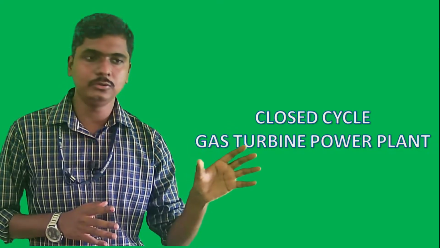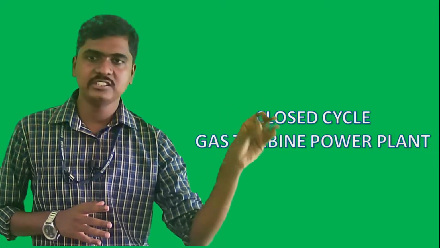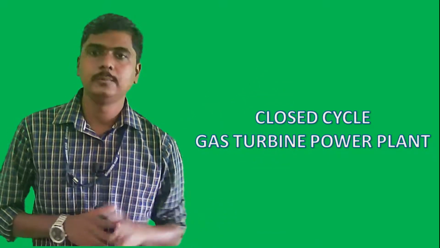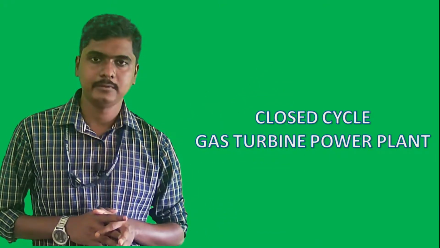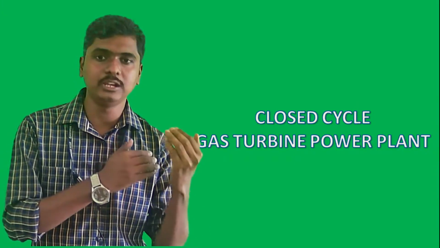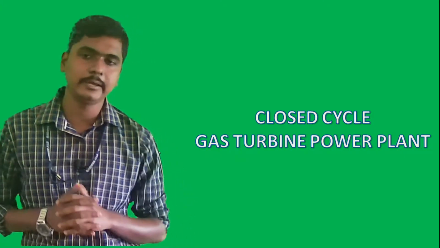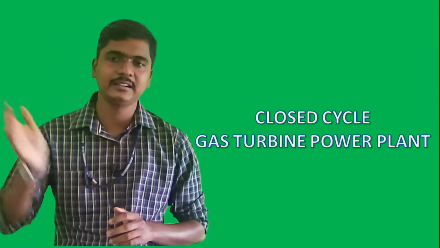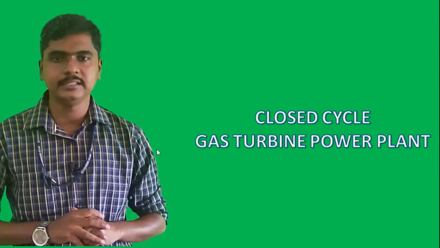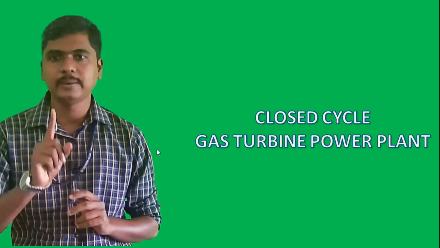Then we utilize the waste heat that is coming out from the turbine. Since we utilize the waste heat, the efficiency of a closed cycle gas turbine power plant will be a little bit higher compared to an open cycle gas turbine power plant. That is the first thing.